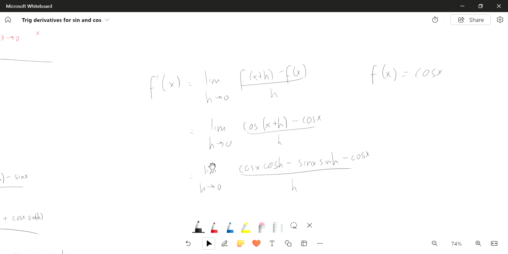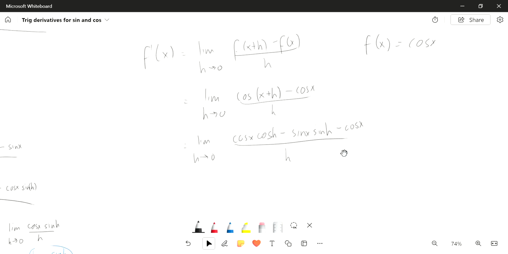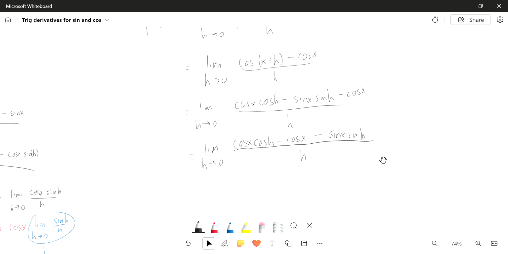And like we did with the sine, what we should be doing is grouping all terms with cosine x on one side and all terms without cosine x on the other. So we have cosine x cosine h minus cosine x minus sine x sine h all over h. And so now this setup seems somewhat similar to what we did for sine.